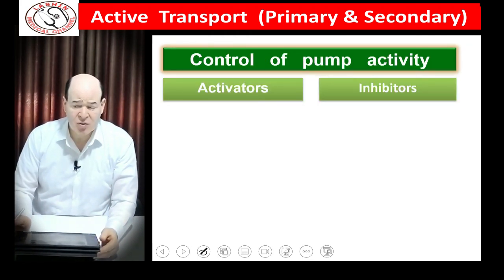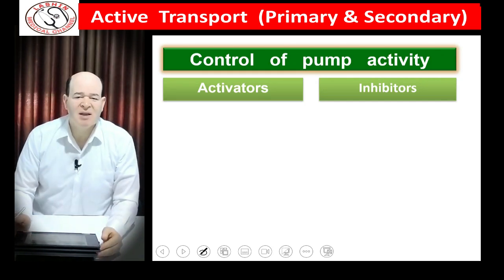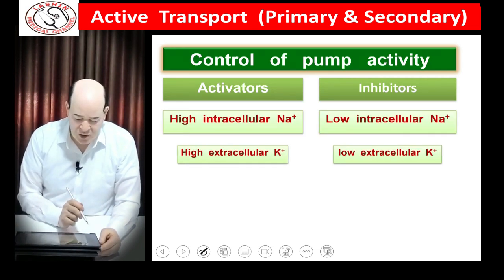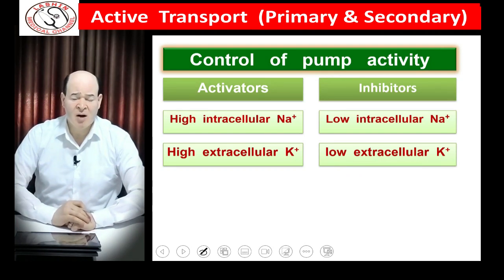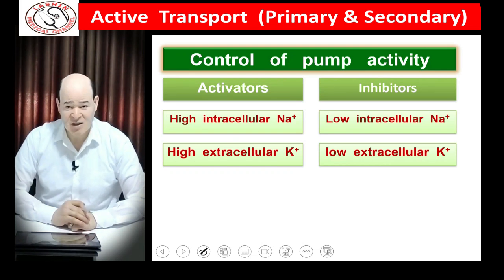This is important, and this is clinically applied in many important situations. What are the activators and what are the inhibitors? The first and the second, they are logical. The activators are high intracellular sodium and high extracellular potassium.